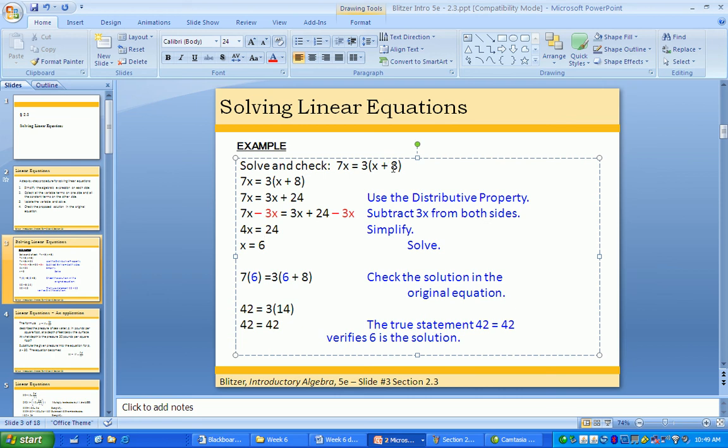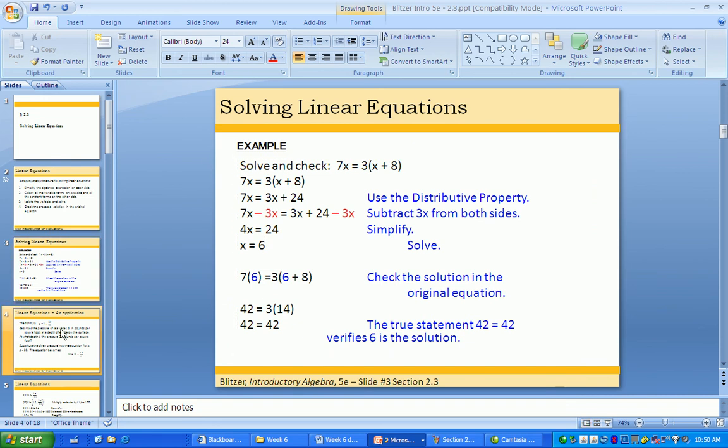From order of operations, we do parentheses first, so 6 plus 8 is equal to 14. Now we have 7 times 6, which is 42, is equal to 3 times 14. 3 times 14 is 42, so 42 is equal to 42. That means this is a true statement, so this is a correct solution.